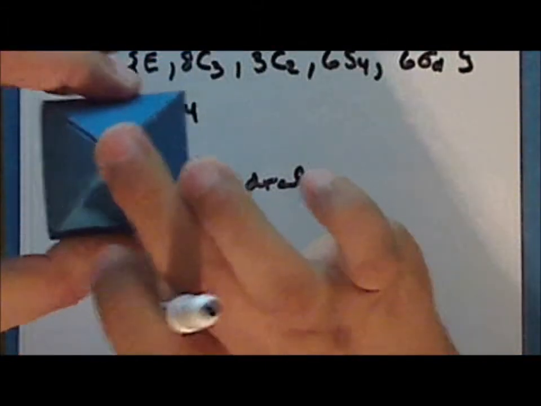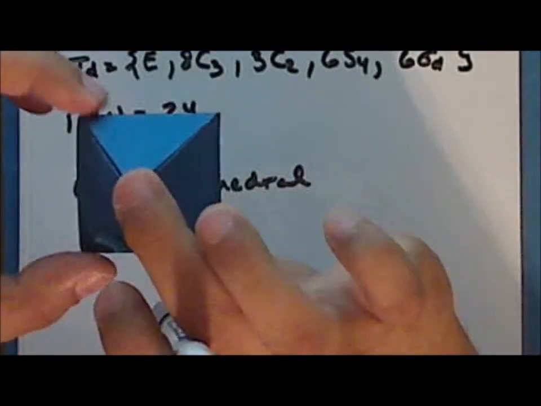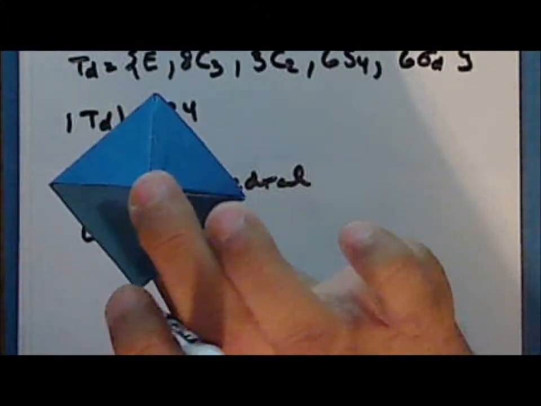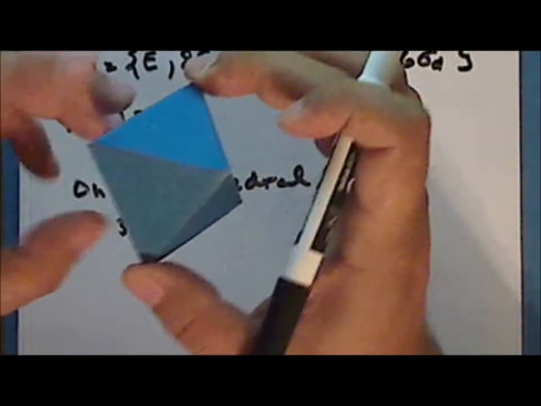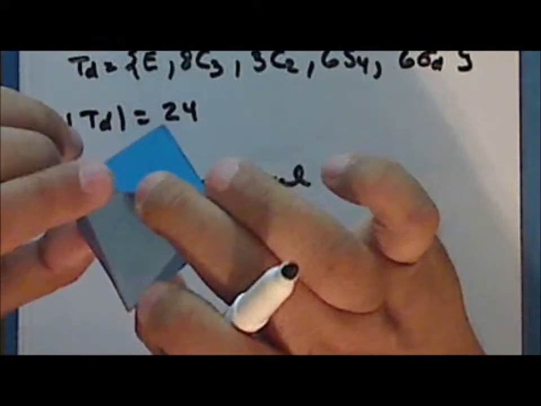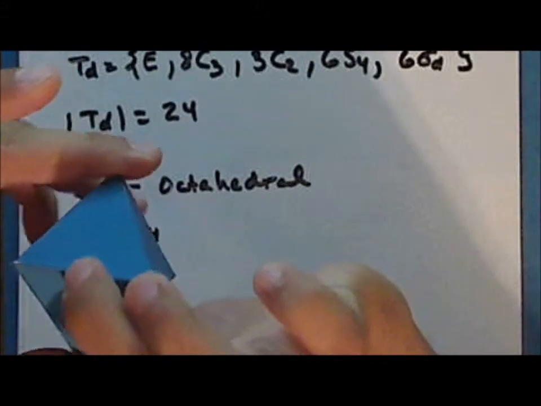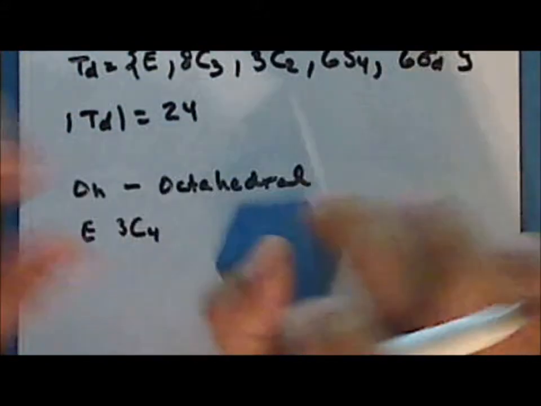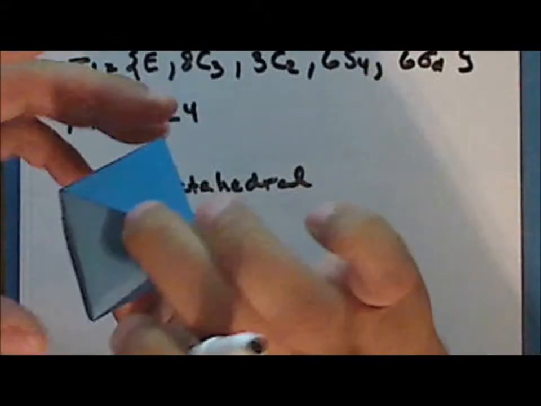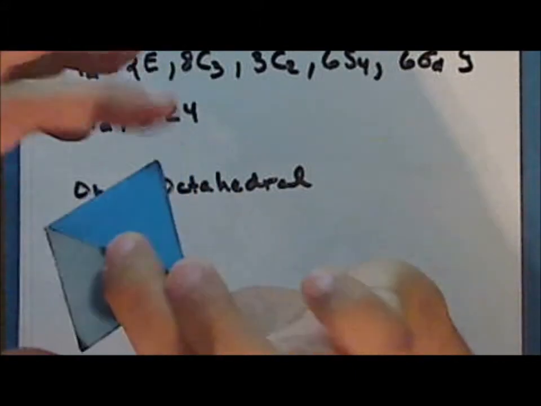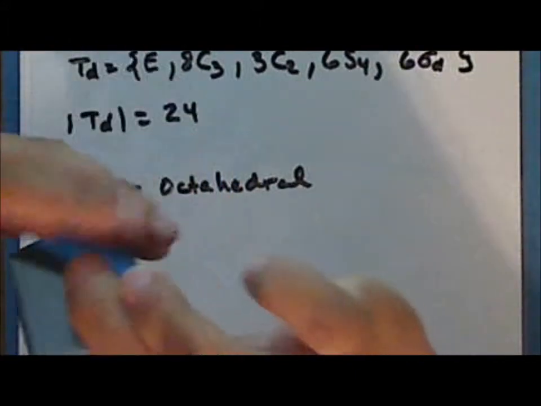Now each C4 axis is also a C2 axis, and in addition, an axis that passes through the midpoints of opposite edges is a C2 axis. So we have a total of 9 C2 axes.